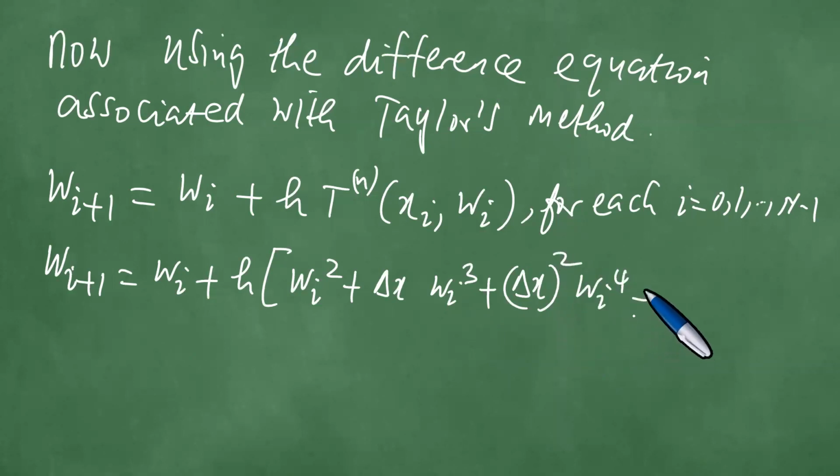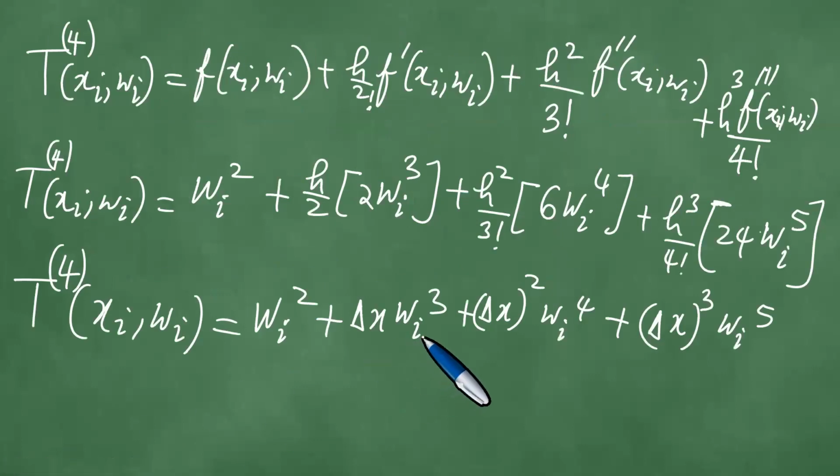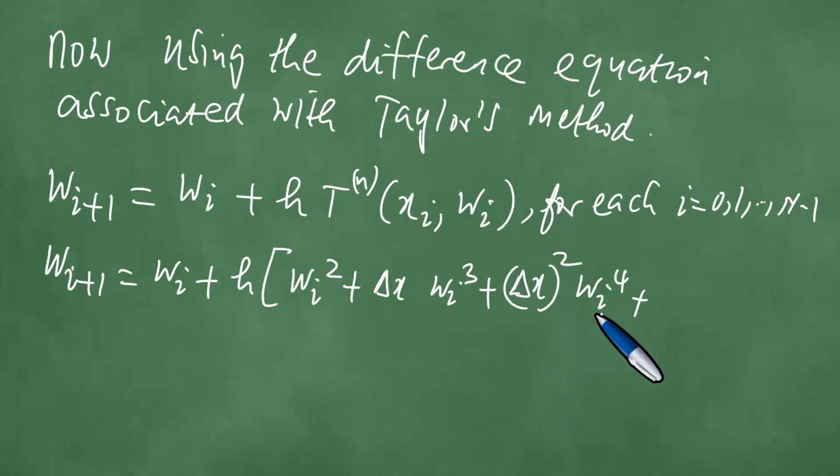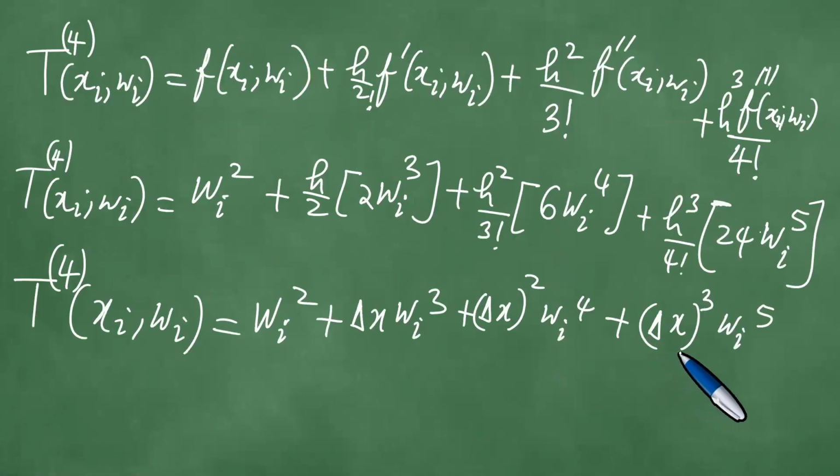So continue. Is it delta x W cubed? Delta x W cubed, then delta x squared Wi to the fourth power. And then what else? And then delta x cubed Wi to the fifth power.